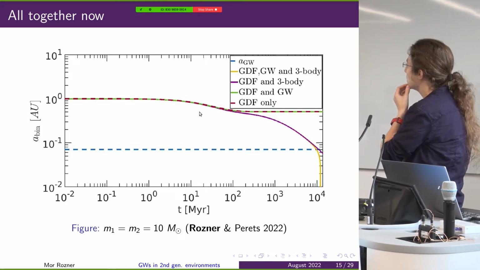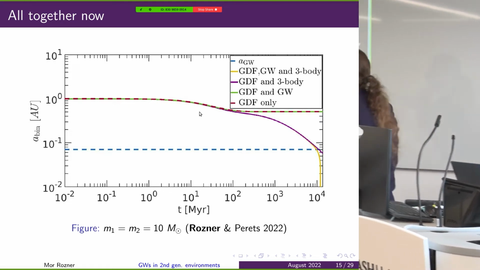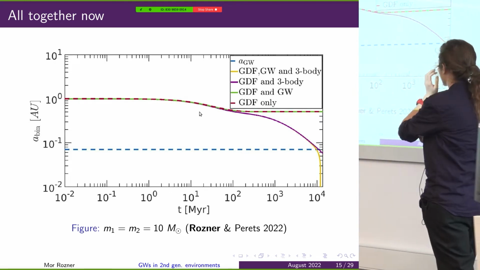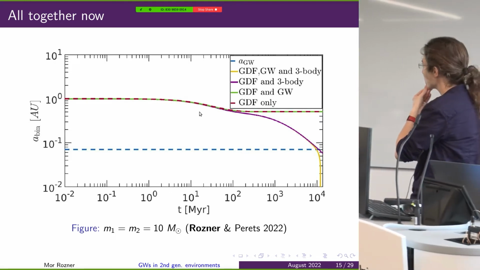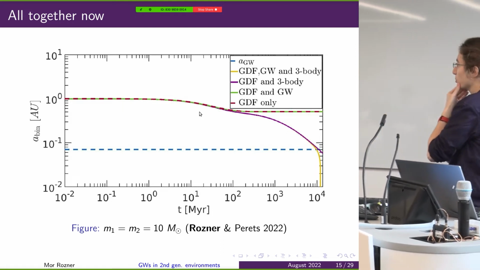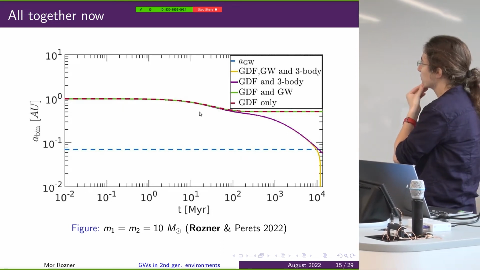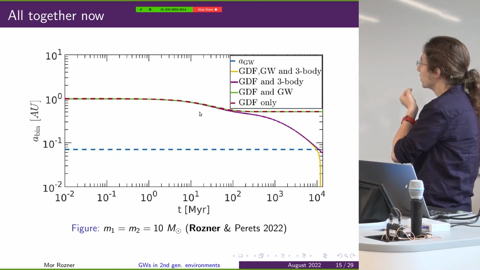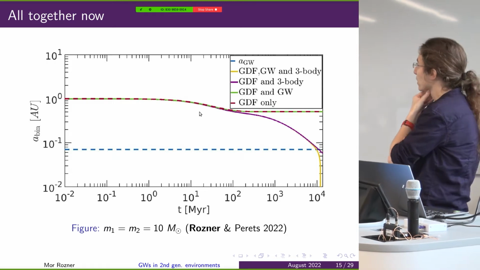But then there is approximately this time scale, which, if you remember, is the typical time scale for the gas, which we took as our fiducial time scale to be 50 million years. From this time scale, we don't have efficient gas dynamical friction.